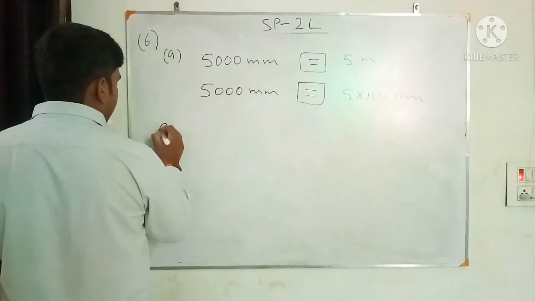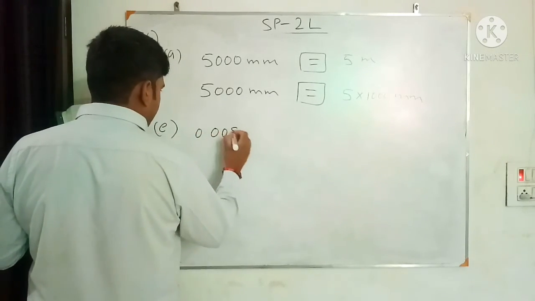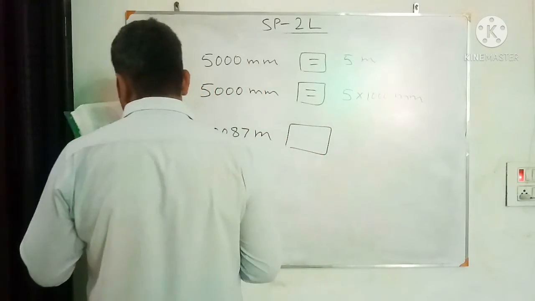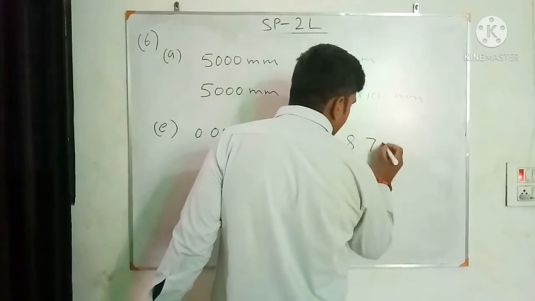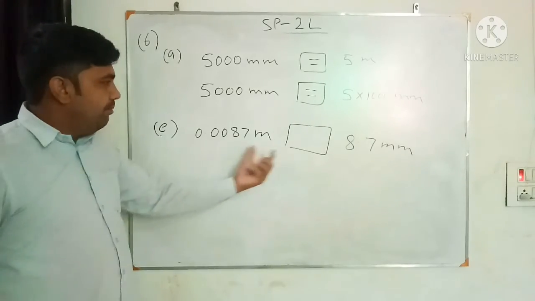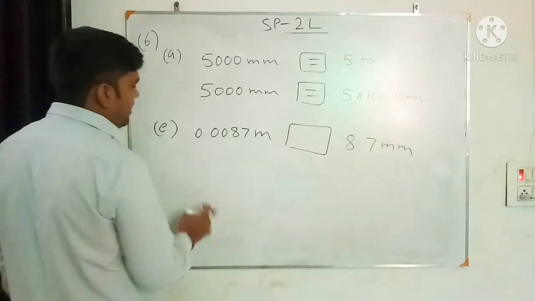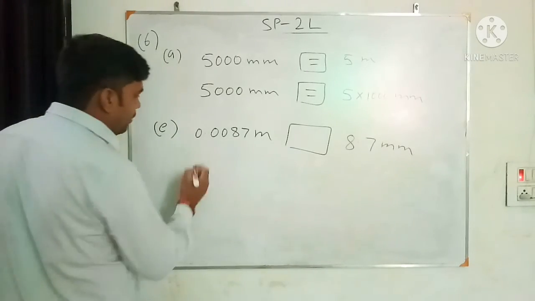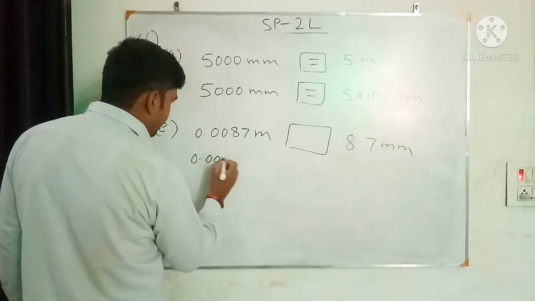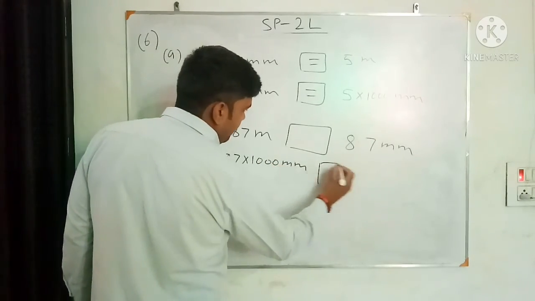Okay. Now E, the last question we'll do. 0.0087 meter, and that comparison we have to do with 8.7 millimeter. For doing the comparison, the units of the numbers on the left and right hand sides should be the same. Here it is meter, there it is millimeter. So convert this meter also into millimeter by multiplying by 1000. 0.0087 into 1000.